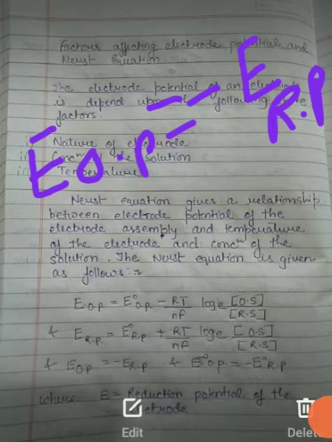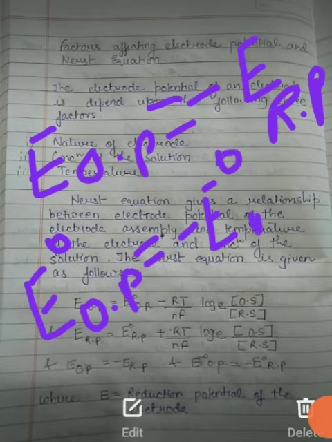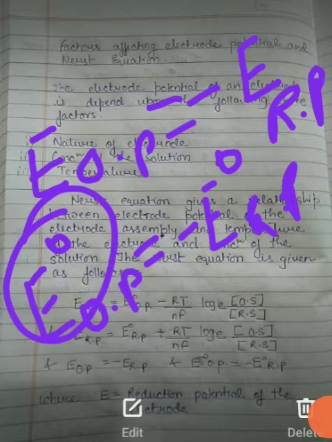And similarly, the standard oxidation potential will be equal to minus the standard reduction potential. E naught we will represent as the standard electrode potential, or you can say the standard reduction potential.